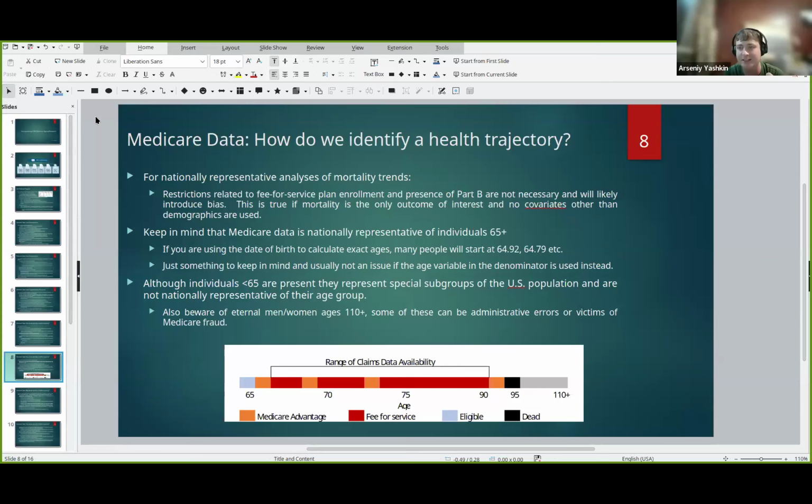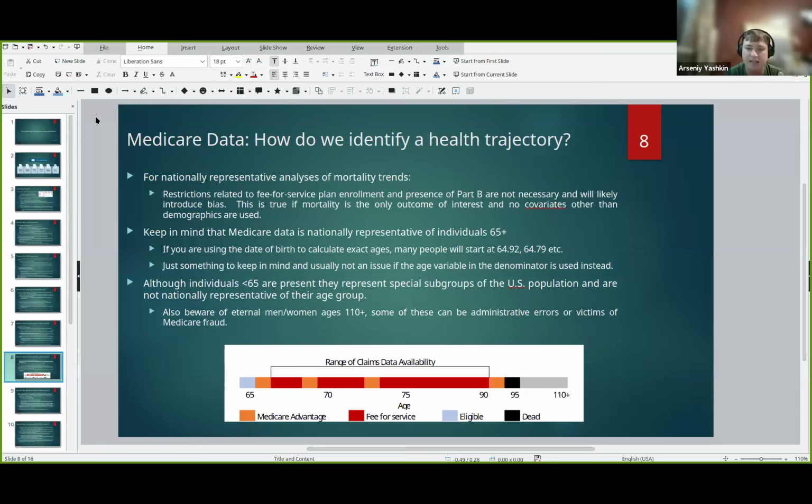They're technically not 65, but they're already there. So the mileage can vary a little bit. 65 is what it says in the denominator file. If you take a birth date that's accurate to the actual day of birth and you calculate an exact age down to the day, you may get something a little bit different, and that's fine.